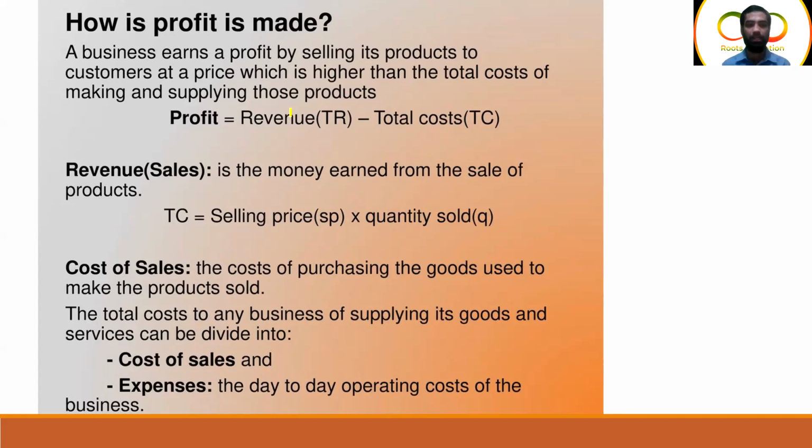So the cost of sales is actually the cost of purchasing the goods used to make the products sold, and the total cost can be divided into the cost of sales and expenses. Okay, so the total cost is equal to the cost of sales plus the expenses for the operating expenses, or the cost of production.